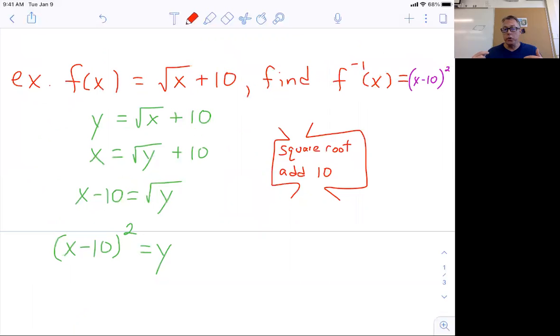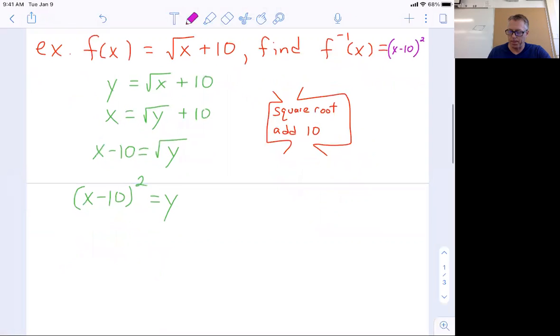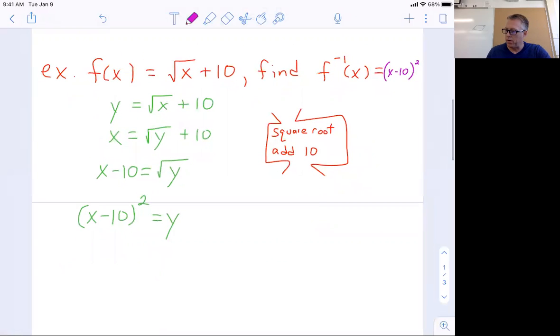So how do we undo that? Well, to undo that, if we want to go this way, we would subtract 10 and then square it. And that's what we're doing in our inverse. Subtract 10 first and then square it. All right, any questions on the second one?